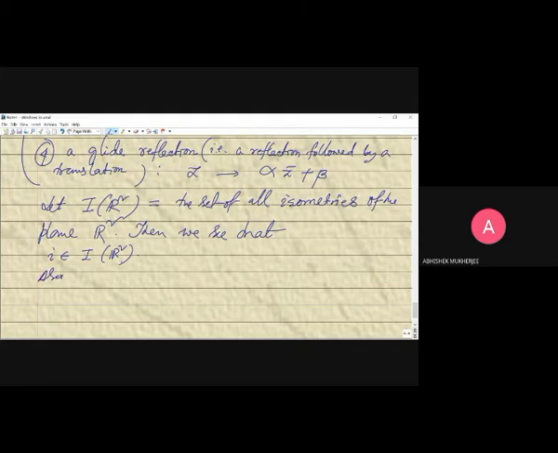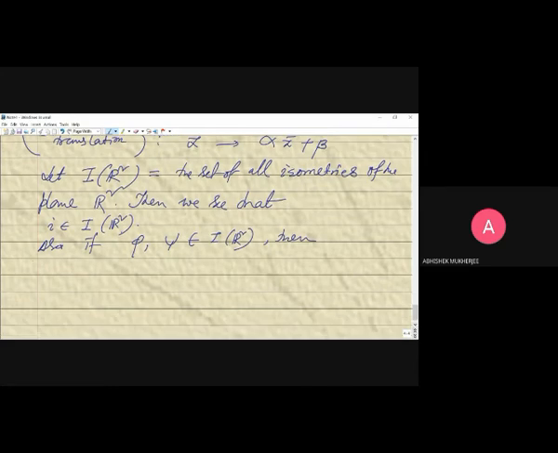Also, if phi and psi belong to I(R2), then what is phi compose psi? This is again a map from R2 to R2 such that the distance between phi compose psi of p and phi compose psi of q is |phi(psi(p)) - phi(psi(q))|.